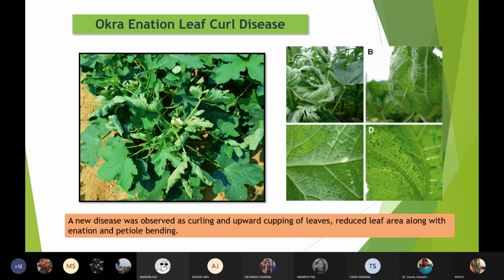The resultant plants showed stunting, reduced yield, and deformed fruits unsuitable for marketing, and it was severe. A yield loss of 80 to 90% was seen there. So this disease was named Okra enation leaf curl disease. Next slide.